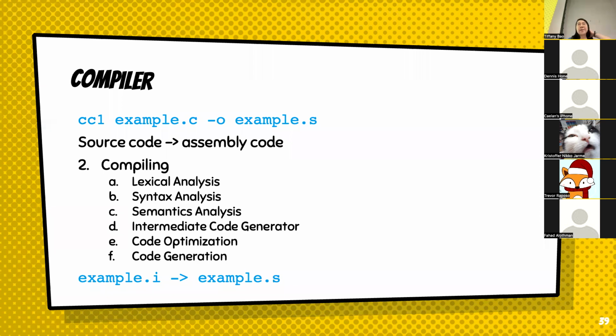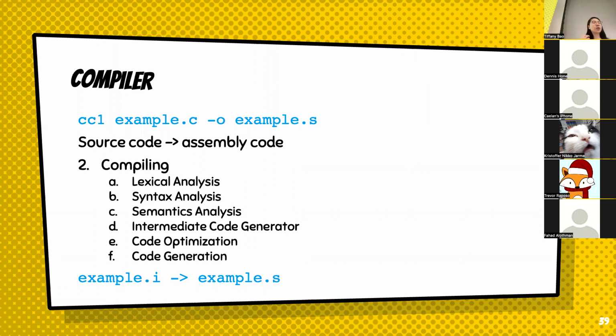After that, it will start to compile. If you have taken a compilation class, you should be pretty familiar with these steps. You start with lexical analysis, syntax analysis, and semantic analysis. You then have the AST, and then the intermediate code generator. After that, you do code optimizations.